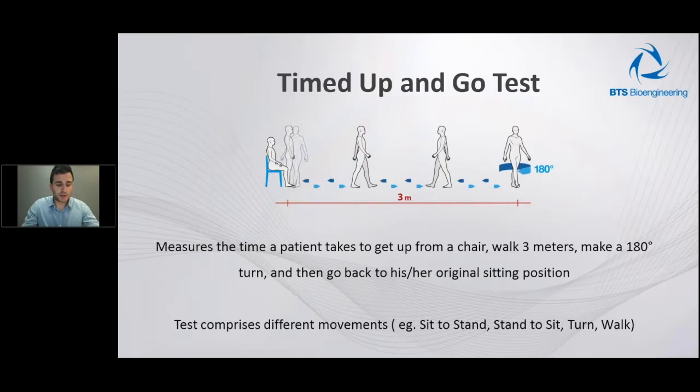The test usually evaluates the total time required to complete the test, but it is made up of different subphases. For example, the sit to stand, the turn, the walk, the stand to sit, and each subphase could be considered a test itself, as they are tasks commonly performed during the daily routine.